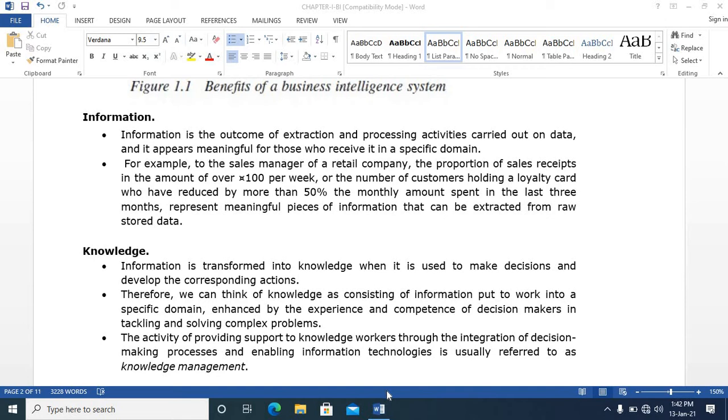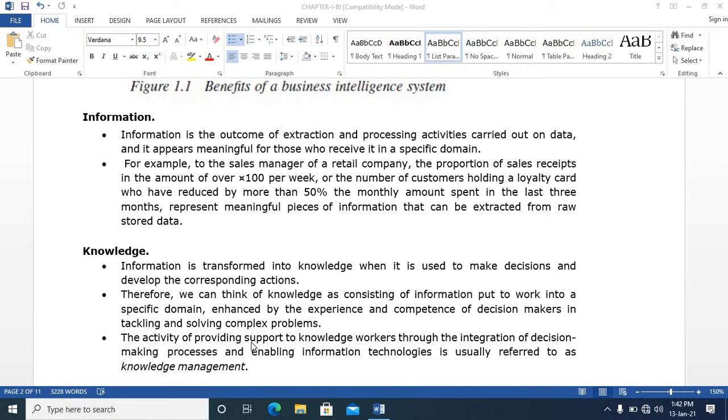Next, knowledge. Information is transformed into knowledge when it is used to make decisions and develop the corresponding actions. Therefore, we can think of knowledge as consisting of information put to work in a specific domain, enhanced by the experience and competence of decision makers in tackling and solving complex problems.